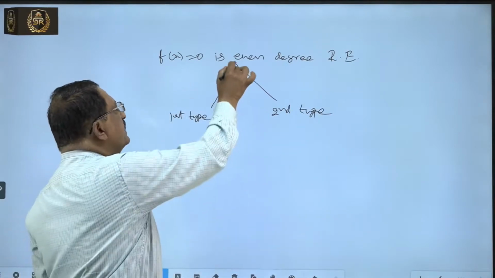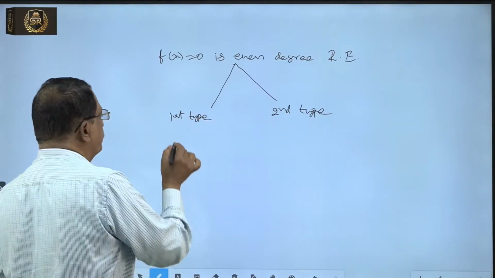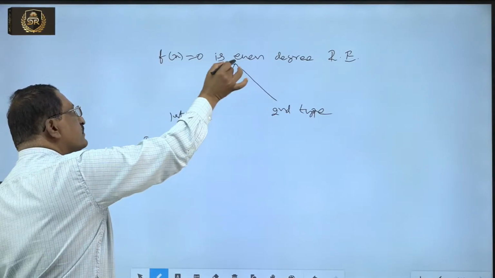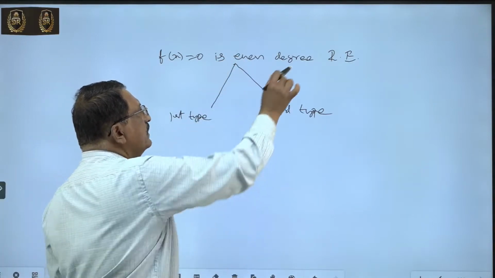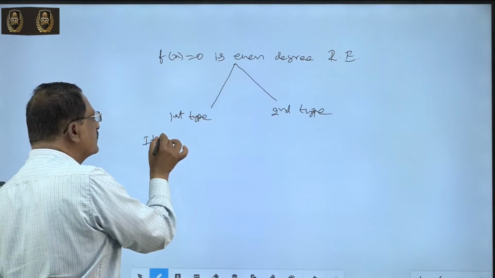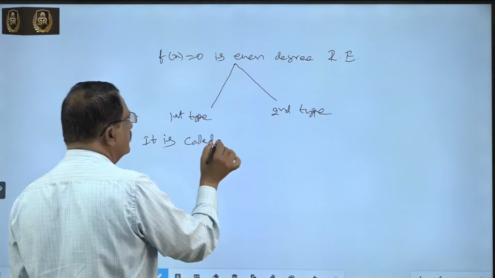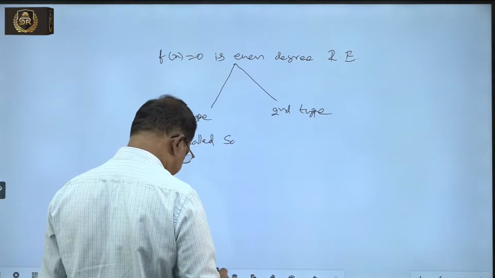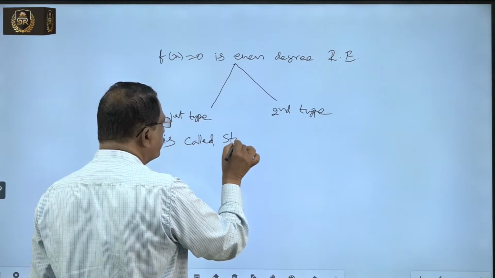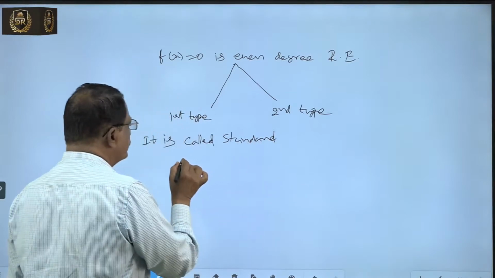Now, if f of x equals 0 is an even degree reciprocal equation and first type, then it is also called a standard reciprocal equation.